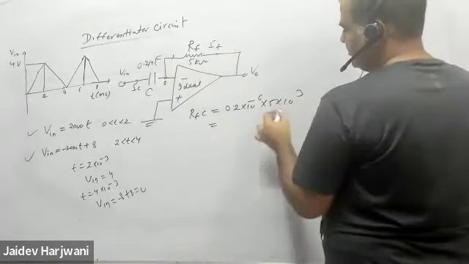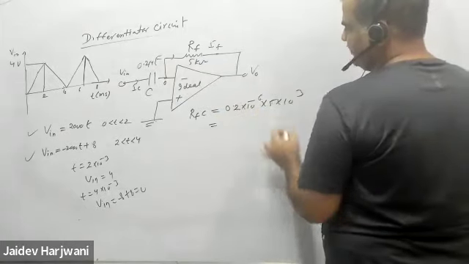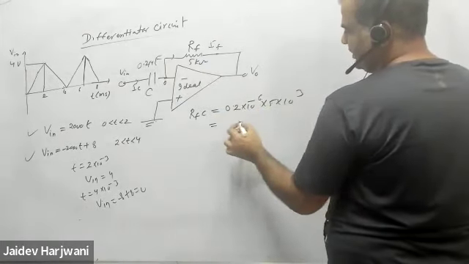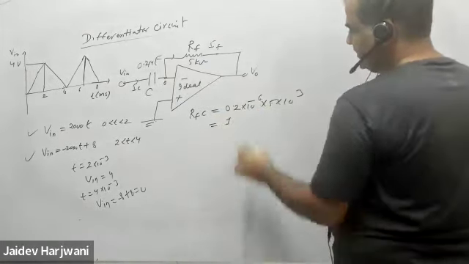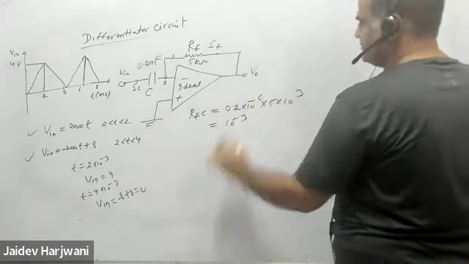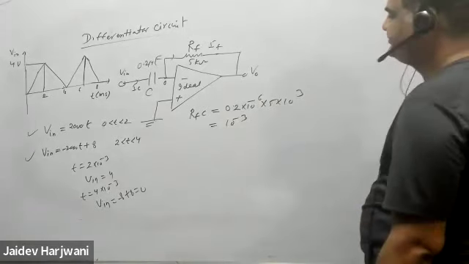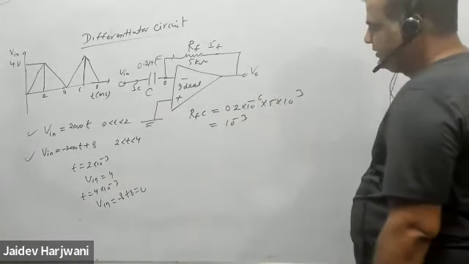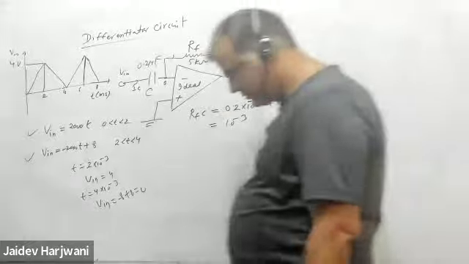This becomes 5 into 0.2, that is 1, into 10 raised to power minus 3. Is this the value?